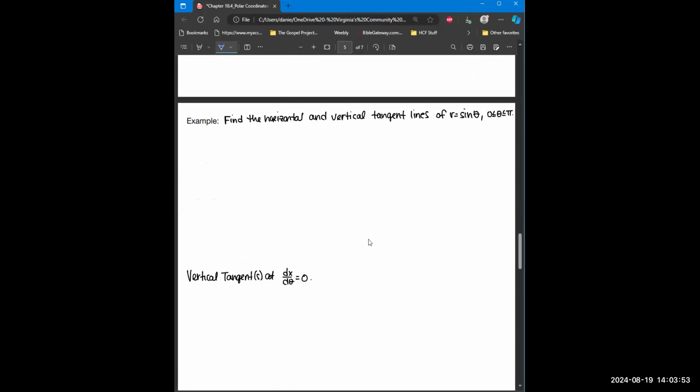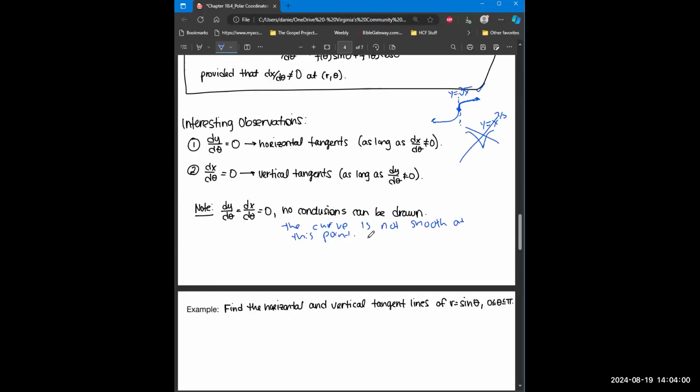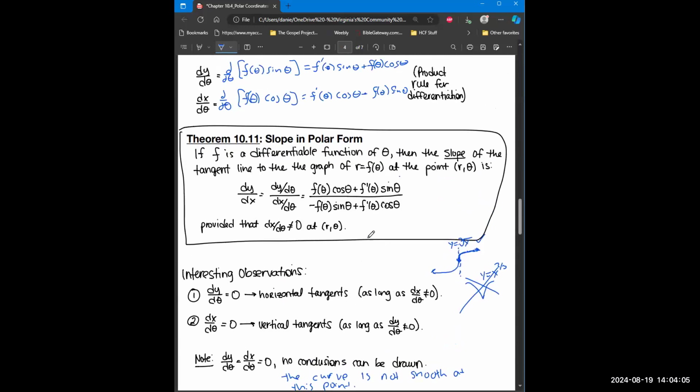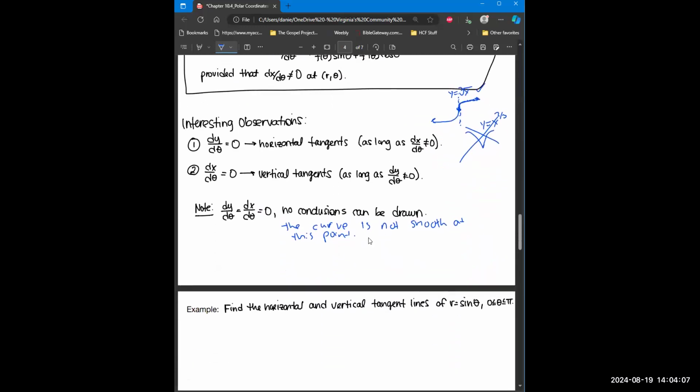So we have dy d theta equal to f of theta cosine of theta plus f prime of theta sine theta.